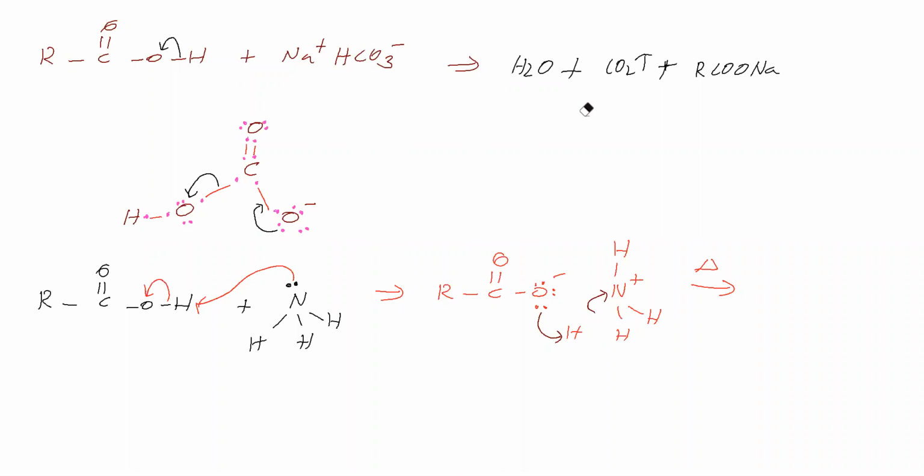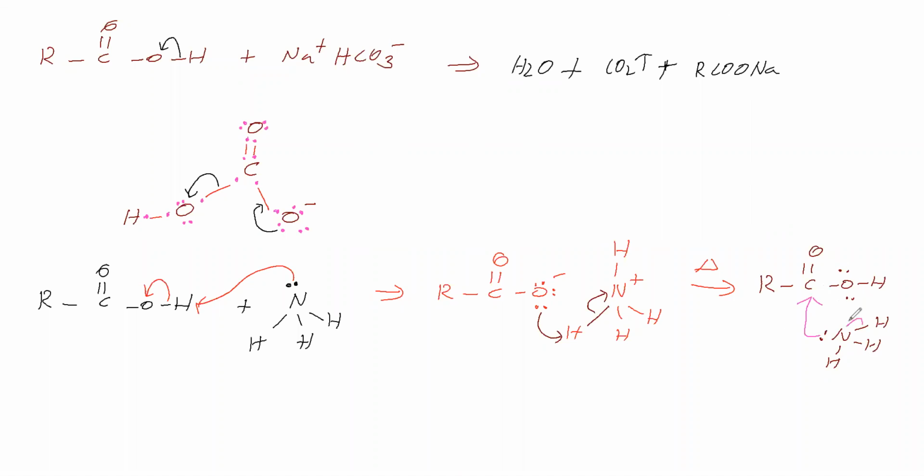Here, this lone pair is attacking this bond. This bond is migrating. Therefore, ammonia will be there. Next step, what is the next step? It is attacking here.